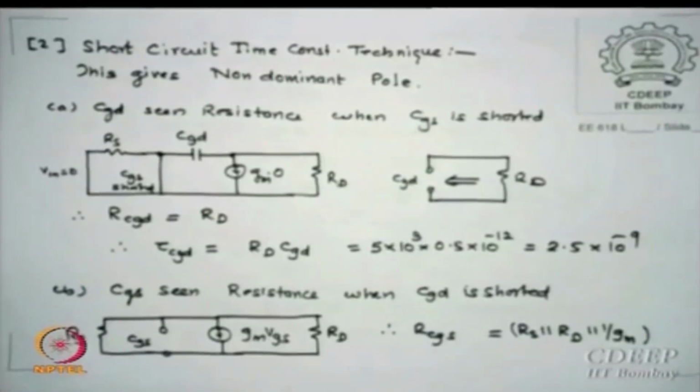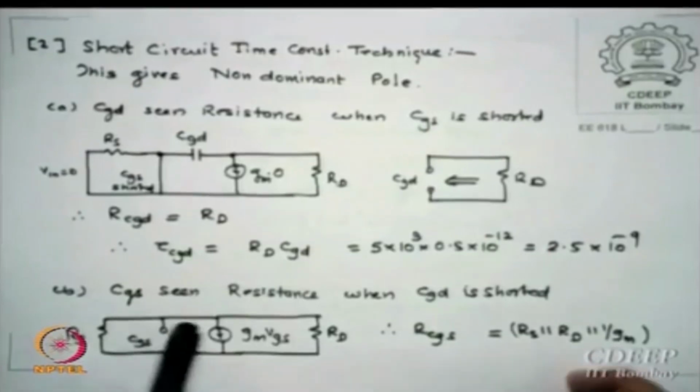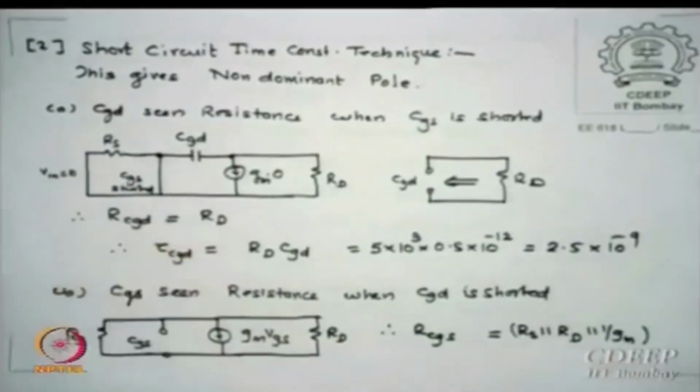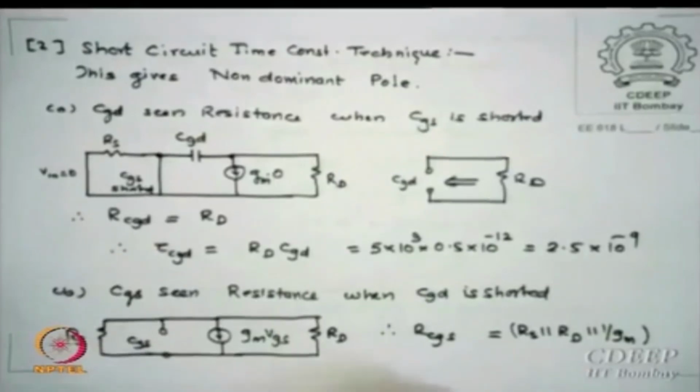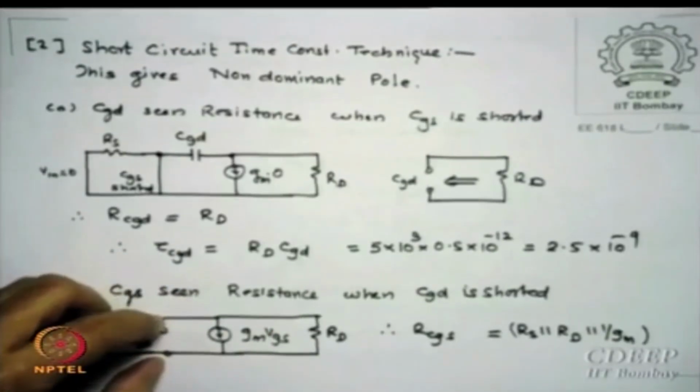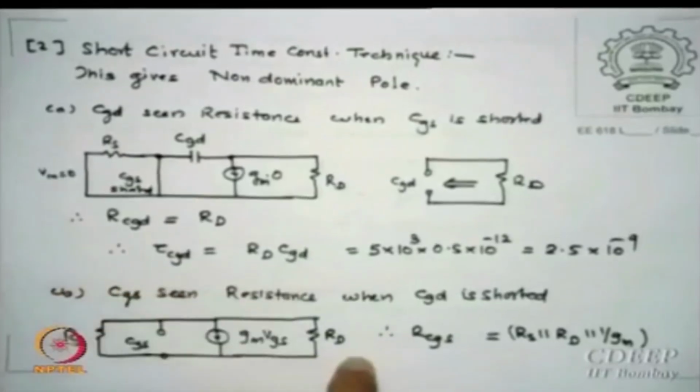What is the next capacitance I have? CGS. So what should I short? CGD. But now VGS is not 0. Is that clear? Because CGS has a drop now, so gm VGS.